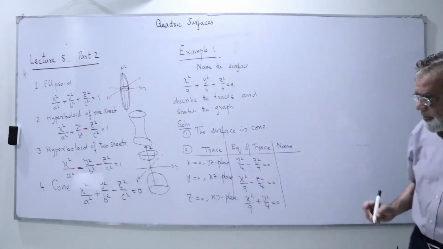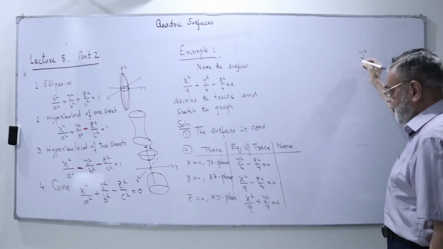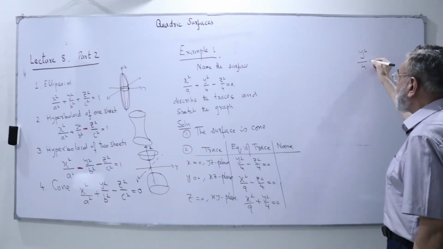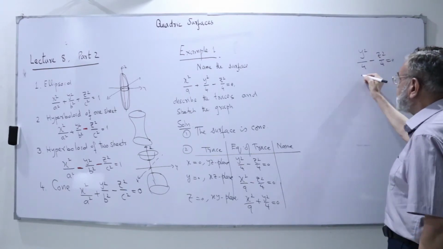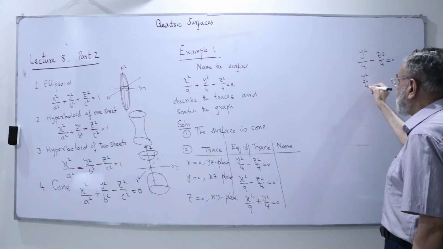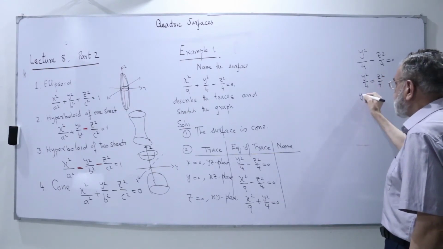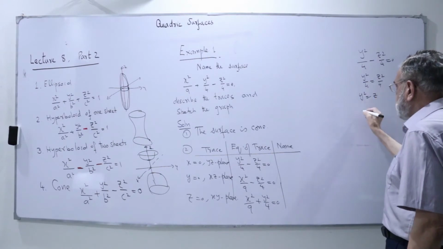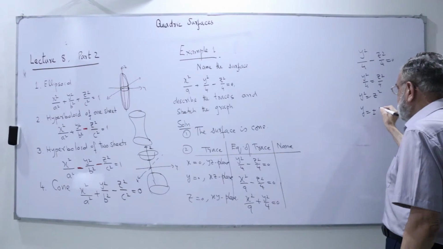This is describing here. If you take the number 1, we have y square over 4 minus z square over 4 equal to 0. I will say here y square over 4 is equal to z square over 4. I can say y square is equal to z square. I will take the root of this one, then y is equal to plus minus z.